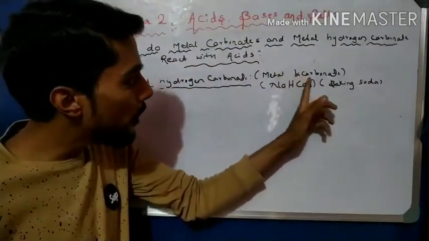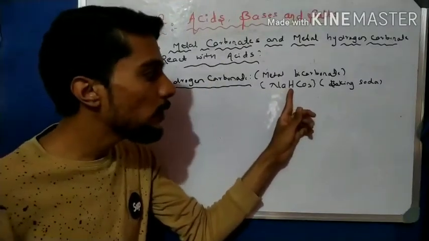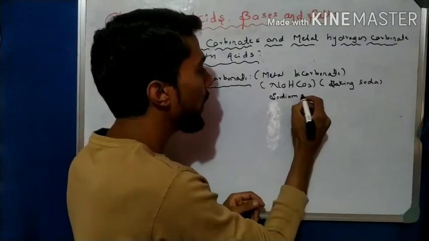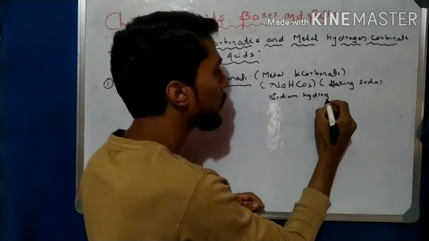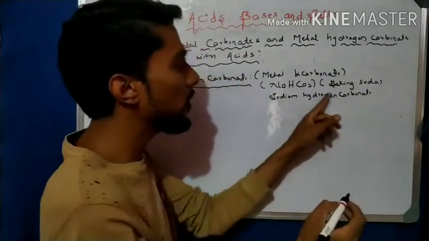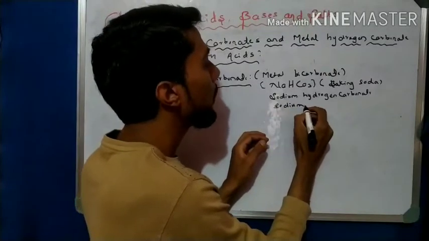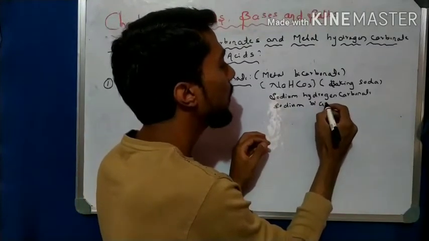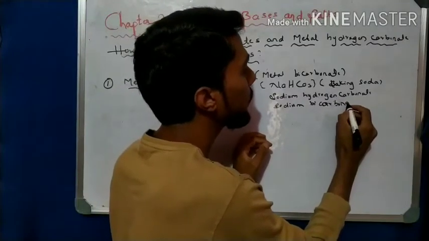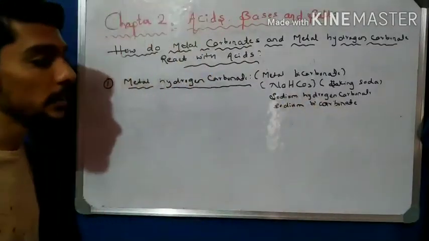So metal bicarbonate or metal hydrogen carbonate, for example sodium hydrogen carbonate, where Na is sodium and H is hydrogen, is also called sodium bicarbonate. So this is the basic information about the reaction.